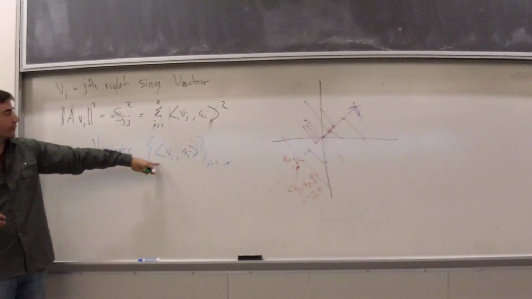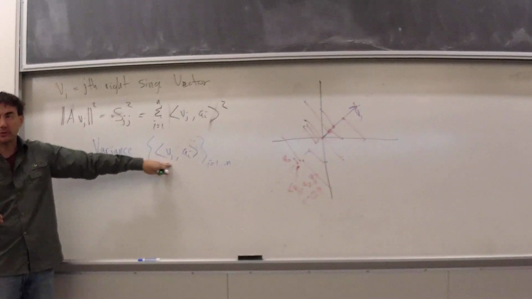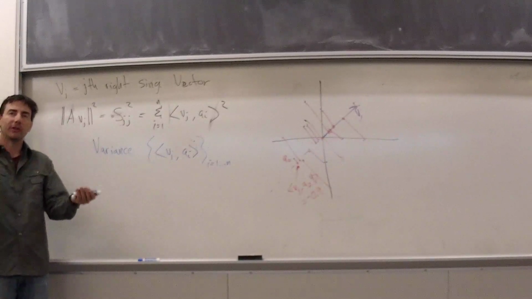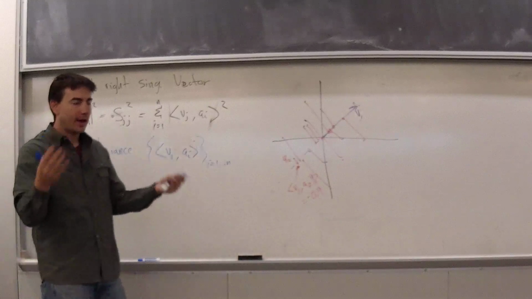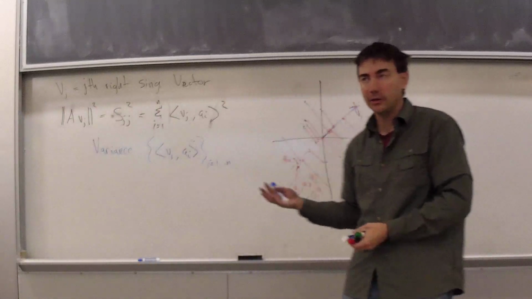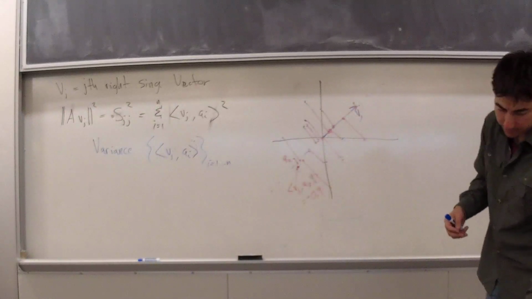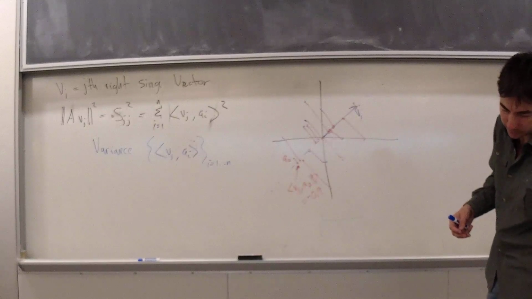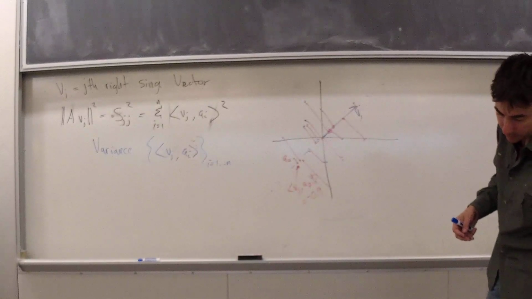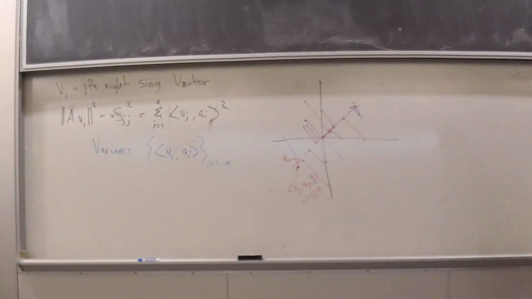V1 defines the direction with the most variance, V2 the next most variance that's orthogonal to the first one, and so forth. And Vd has the least variance.